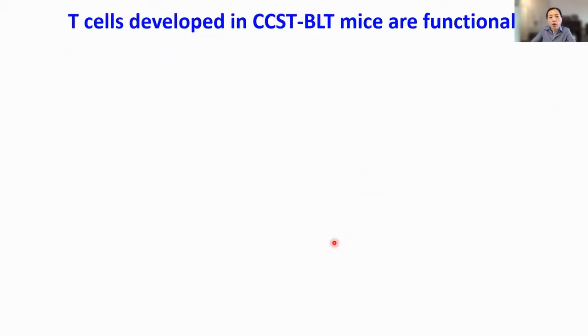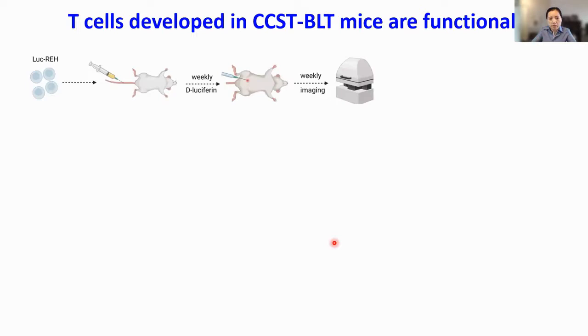We then wanted to look at the functionality of these T cells in the CCST mice. So we performed allogeneic tumor challenge experiments by looking at the ability to reject tumor cells which express luciferase.